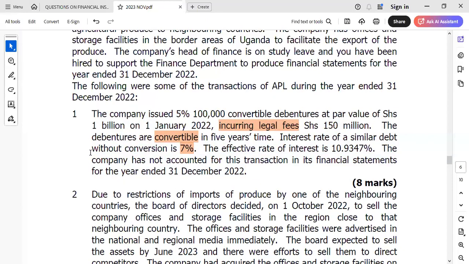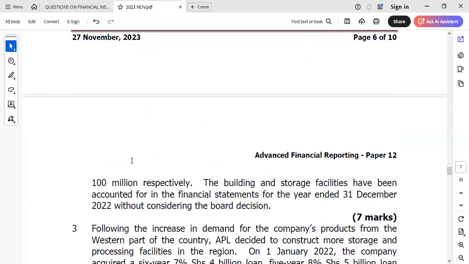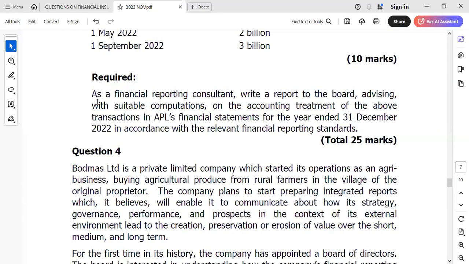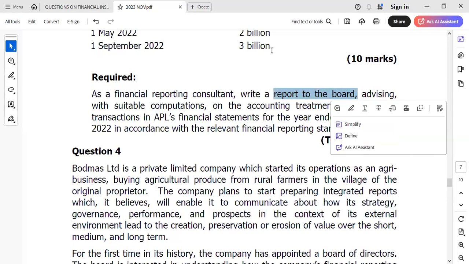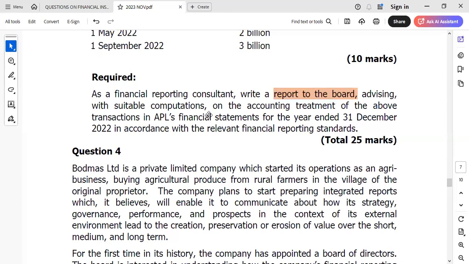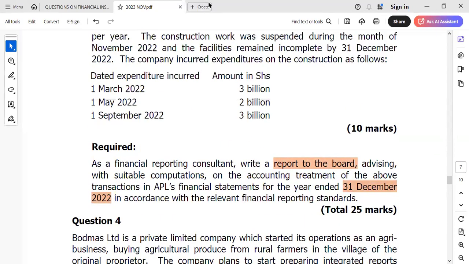So we have to account for this. But as you account for this, the examiner is saying, as a financial reporting consultant, you write a report to the board, advising with suitable computations on the accounting treatment of the above transactions. So this is a report. And you need to know what should be reported in APL's financial statements for the year ended the 31st December 2022 in accordance with the relevant financial standards.